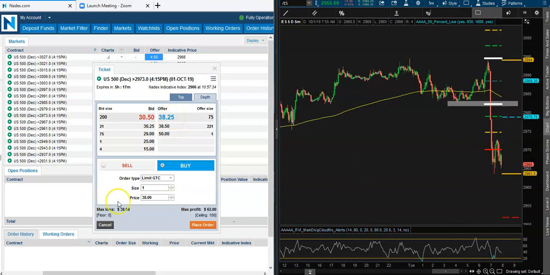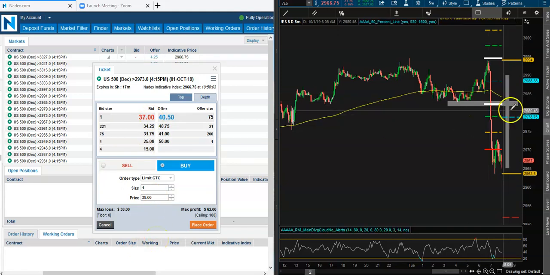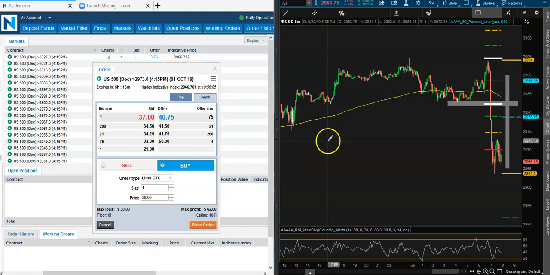All we can lose is $38, but we can make 62, right? Well, let's say we rally all the way up to 80 to 90, and you're holding on to this. Well, if you could sell this for $90, would you sell it or would you hold on to it until expiration?